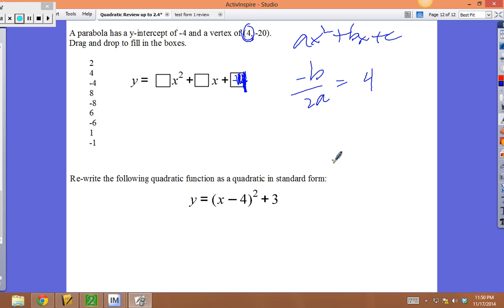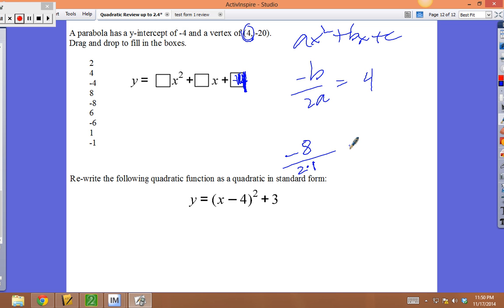So here we go. It's got to give me a 4. You can start playing around with numbers. What if I did, what are we gonna do? Negative 8? So I'm gonna just play. I'm gonna put 8 for b. Negative 8 over 2, I know this has to be 1.